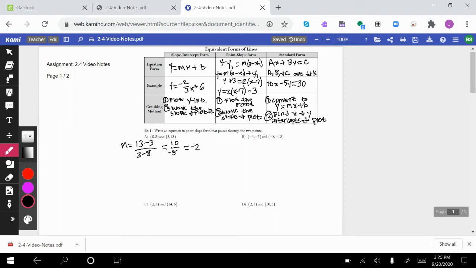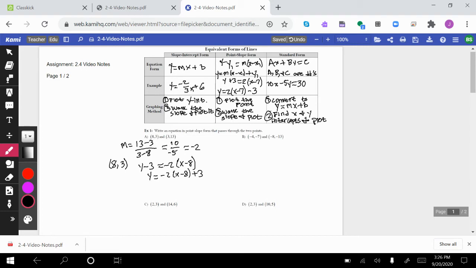And we can do this using both of our ordered pairs, and both equations are going to be right. If we use (8, 3), then our equation is y minus 3, because that's y1, equals negative 2 times x minus 8, because that's x1. Or, and this is the preferred method because it's the foundation of our curriculum, y equals negative 2 times x minus 8, plus 3.